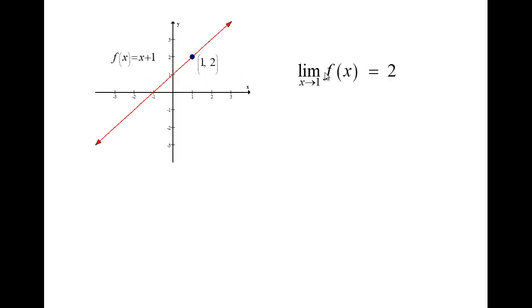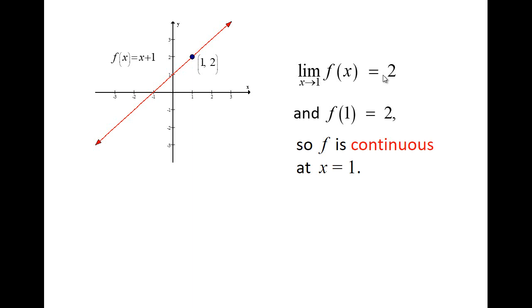Now if you look at the limit of f at 1, you see that that limit is 2, and 2 is the value of f at 1. So since f is defined at 1 and the limit of f exists at 1 and they are equal, we see that f is continuous at x is equal to 1.